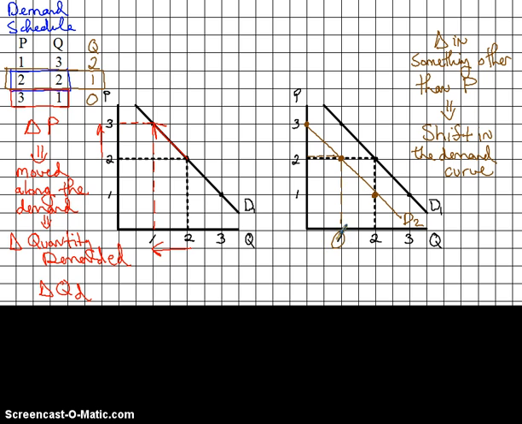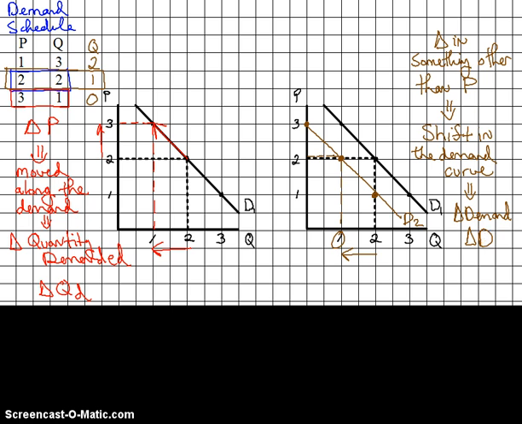People will now only buy 1 unit of the good. And this decrease in quantity here is now called a change in demand, or a change in D, standing for demand.